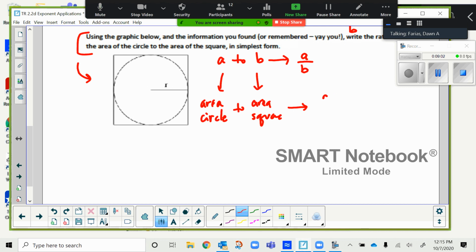So the area of the circle will go in the numerator. And I'm comparing that to the area of the square, and that's going to go in the denominator. The area of a circle is pi r squared. And the area of any square is s squared, where s stands for the side of the square.